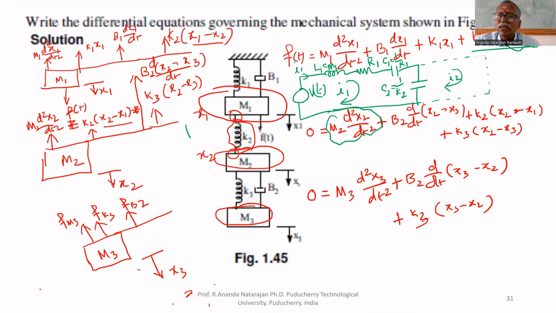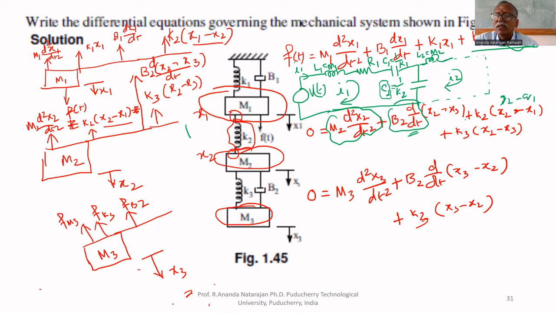M2, L2 equals M2. B2, that is X2 minus X3. We'll write later. K2 multiplied by X2 minus X1. Already we have drawn that, C2 equals 1 by K2. Here it is identical to Q2 minus Q1.